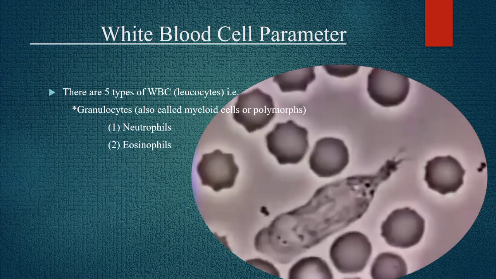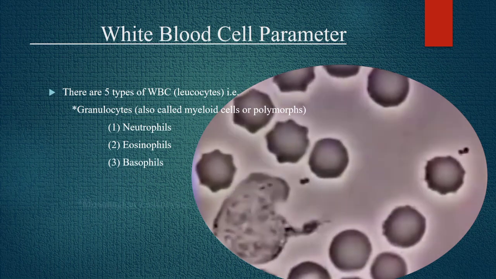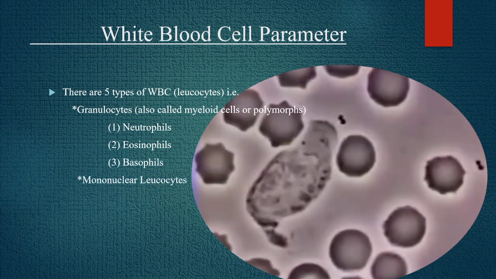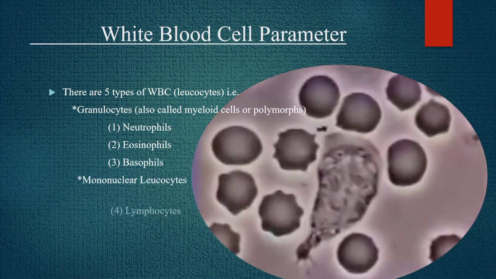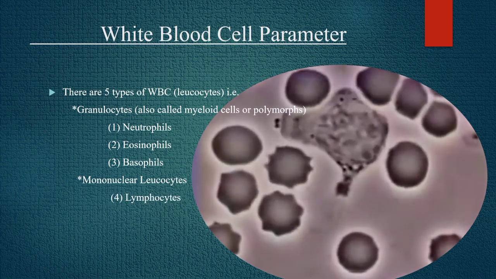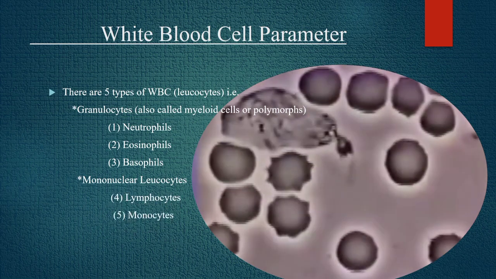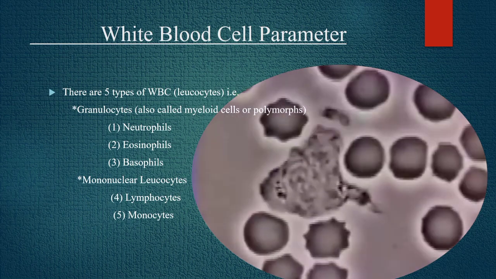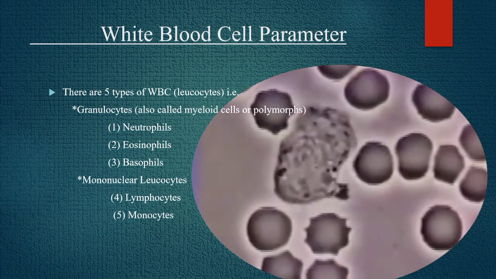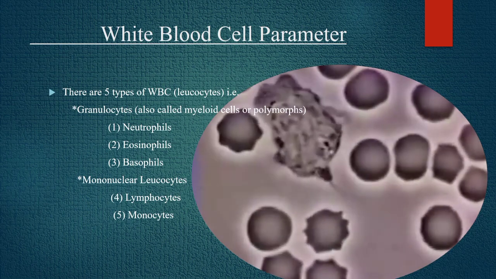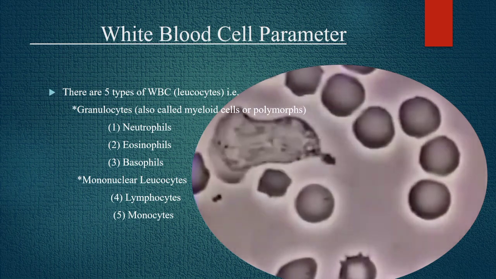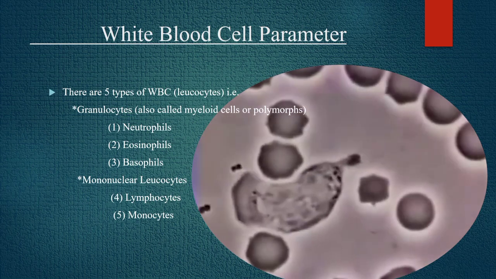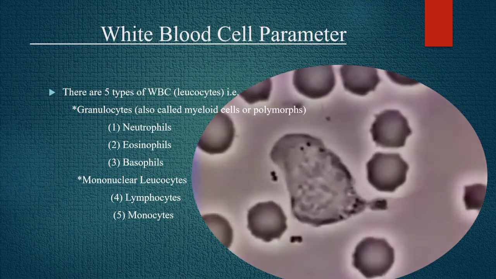We also have the eosinophils, followed by the basophils. The other class is the mononuclear leukocytes, which are divided into the lymphocytes and the monocytes. Now, any of these cells could contribute to the increased number of white blood cells depending on the factor we are dealing with, as we're going to see in the future.